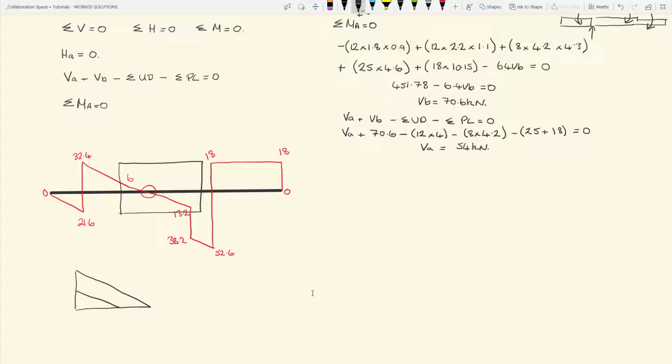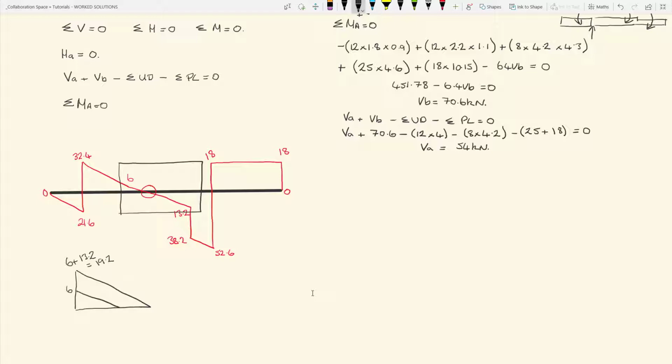So we have similar triangles. If we add our two known shear forces together, at this point we have 6 plus 13.2, that equals 19.2 kilonewtons. And at this point we have 6 kilonewtons. Those are our two known shears that we've calculated previously.